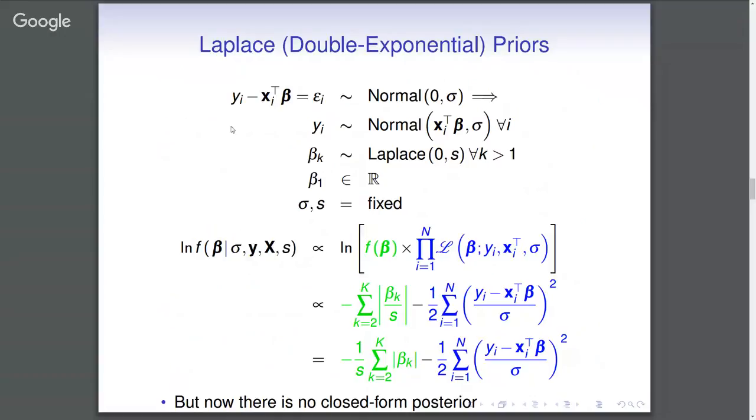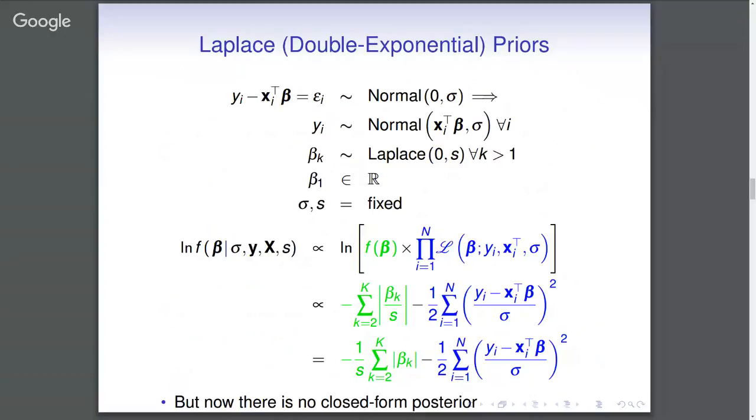So as far as you're concerned on this slide, all we've done is change the prior on the betas from normal to this thing called Laplace. And now we would have to use something like Stan to draw from this posterior distribution efficiently.